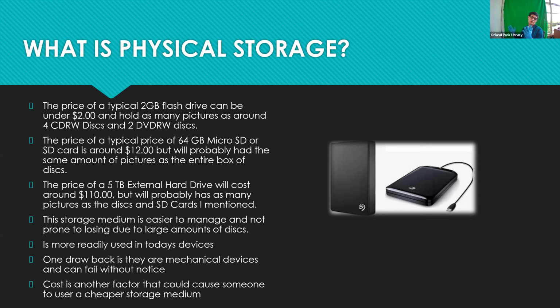A single DVD or CD might be 1 gigabyte. Flash drives range anywhere from 1 gigabyte to 100 gigabytes or even larger. But these external hard drives are thousands of gigabytes. They're measured in terabytes. It says the price of a 5 terabyte external hard drive, that's 5,000 gigabytes, will cost around $110. So that might be the best bang for your buck.